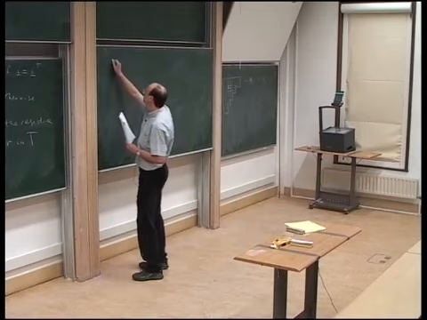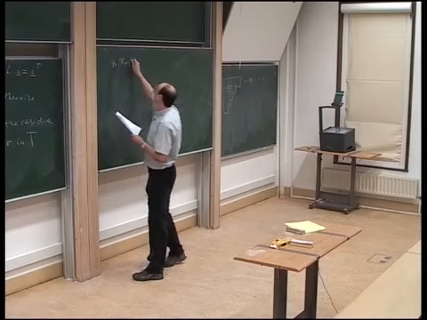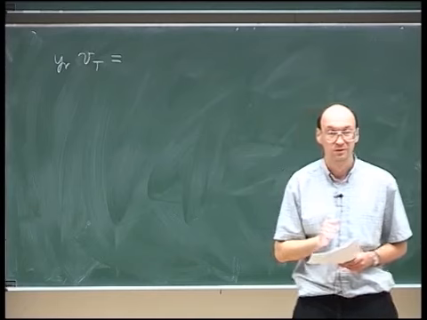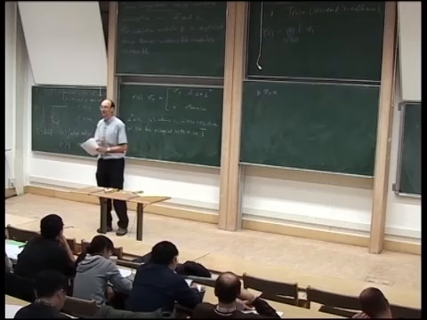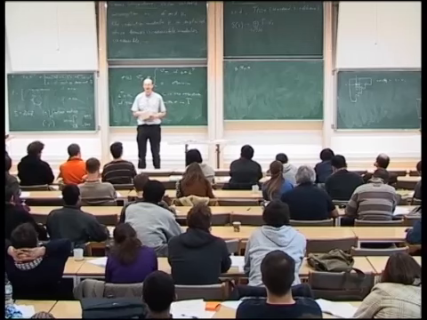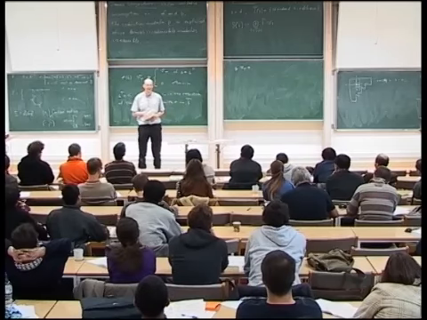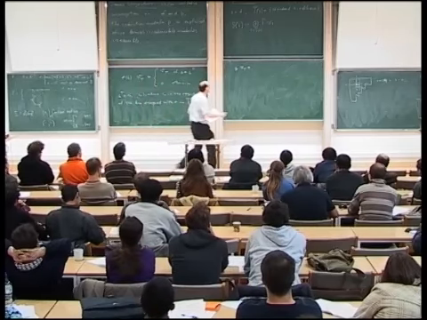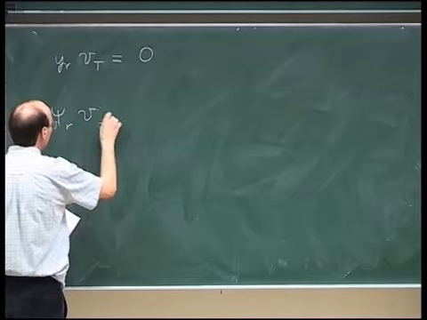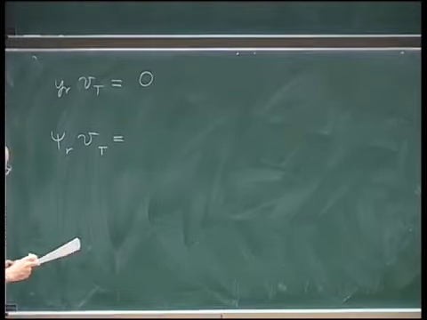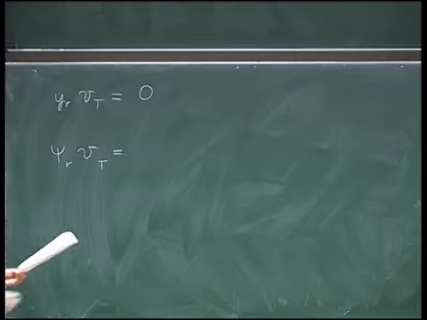Okay, so now we need to figure out what y_r does. Are there any suggestions? If life is really, really nice, it's a nilpotent element, so it acts as 0, and finally psi_r v_T. So this is where you expect some horrible square roots and divisions by those square roots on those 2 by 2 matrices.